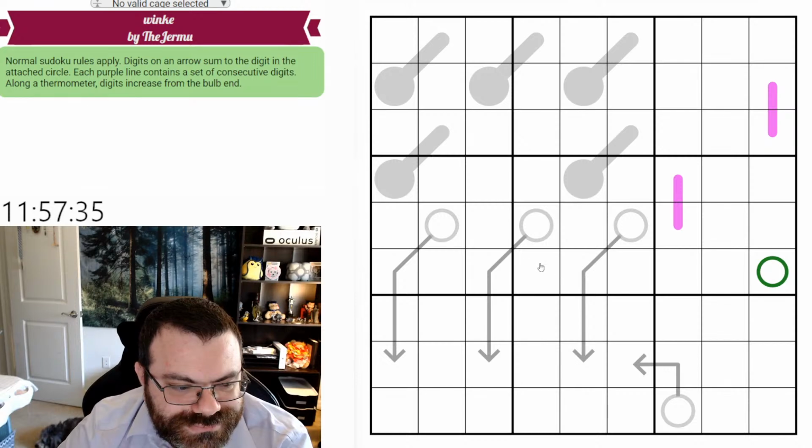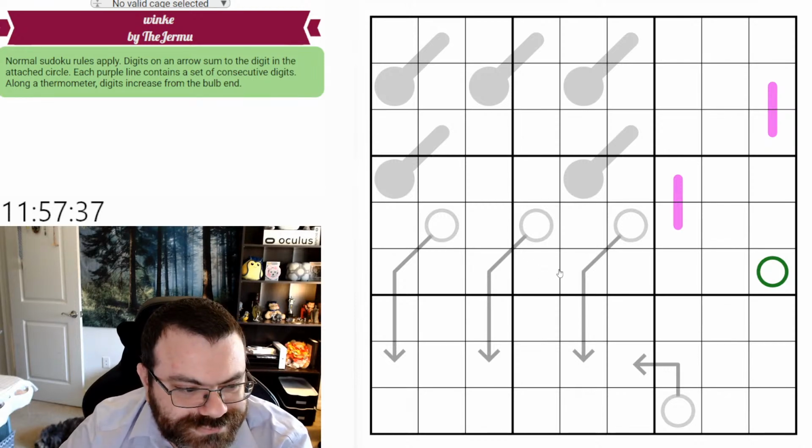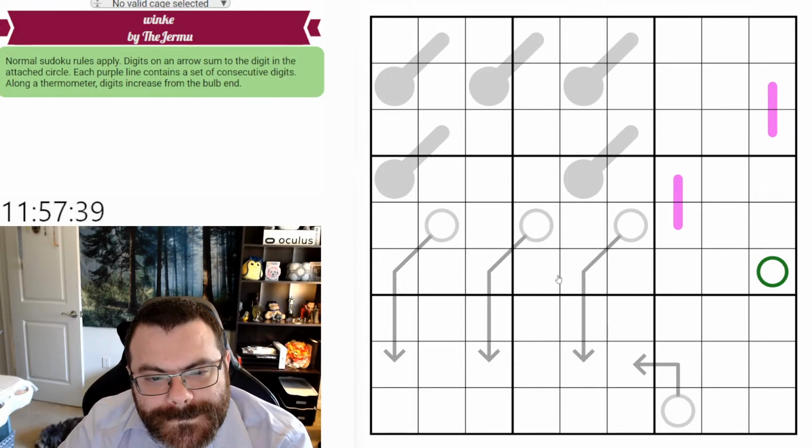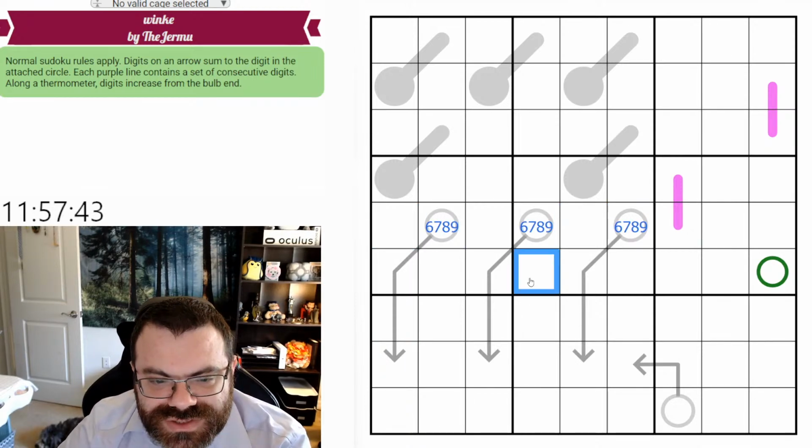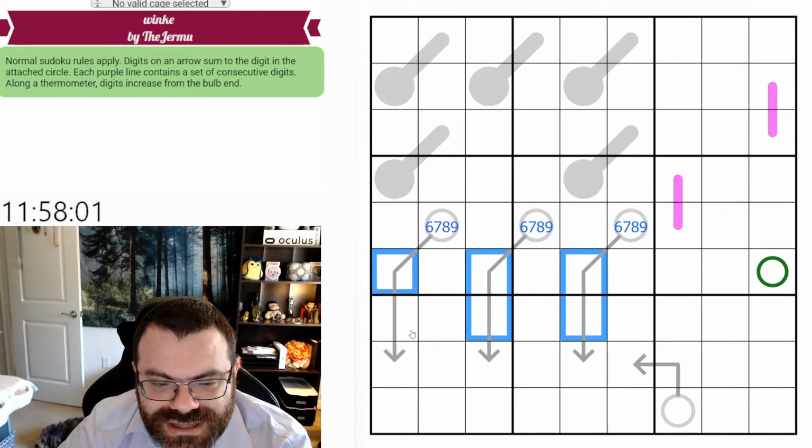All right. So the place to start here is these arrows have to be at least 6, because 1 plus 2 plus 3 is 6. There's not much going for us in this puzzle, is there? So let me take these arrows together.